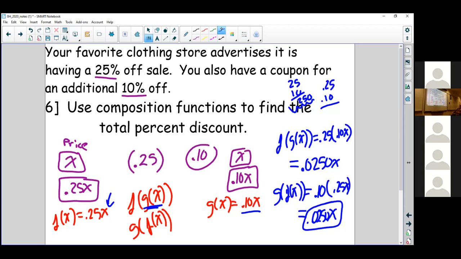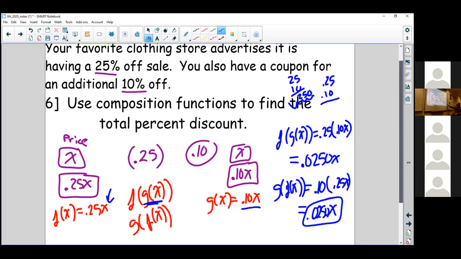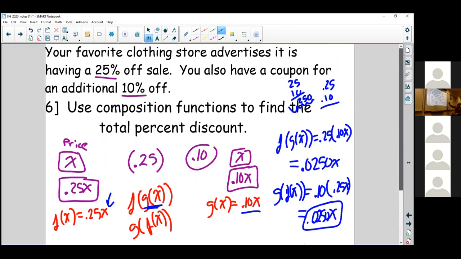Yeah, so that's a composition problem. You plug one into the other. A lot of times people think when they go into a store, if you see the 25% off and the 10% off, they think, oh, I'm getting 35% off. No, you're getting a composition function of the two.